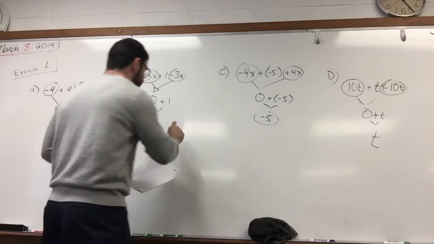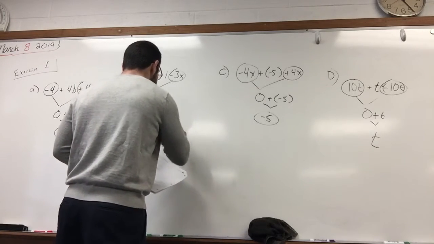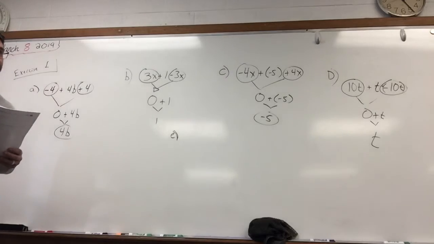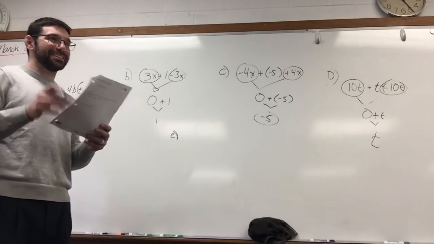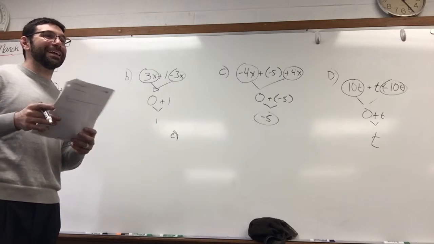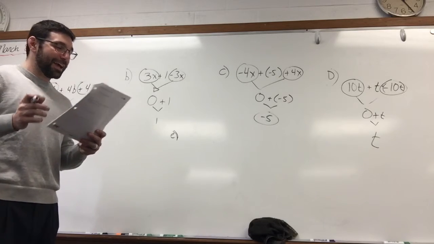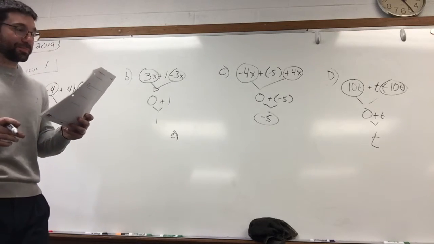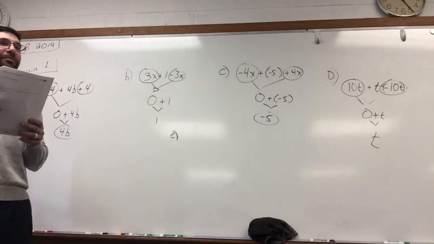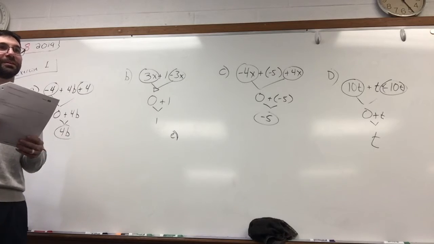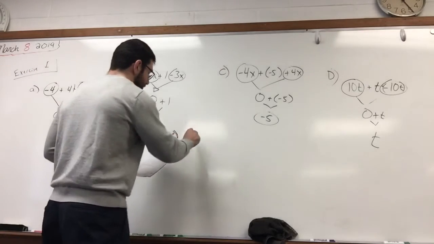Last but not least, this is the toughest one. Or at least I thought it was the toughest one. Addie. Yes, Addie. I know I can count on you, Addie. So for letter E, it says the opposite of the quantity -7 minus 4v. What's the opposite of -7 minus 4v? Positive sign.